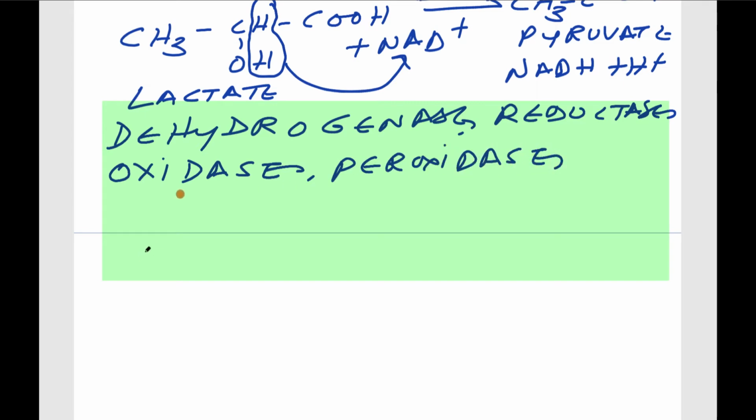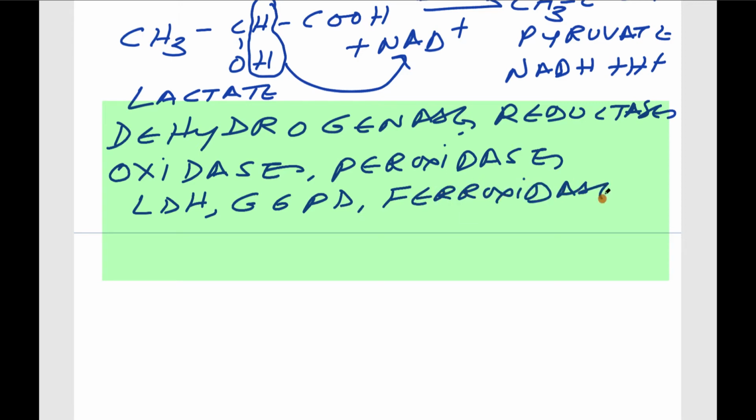Examples of enzymes under these subclasses are LDH, G6PD, part of the HMP pathway, then peroxidase, then cytochrome oxidase, and maybe malate dehydrogenase.